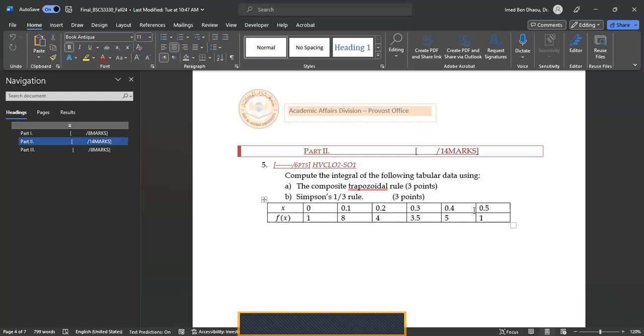Using these values in the formula, we get 0.1/2 [1 + 2(8) + 2(4) + 2(3.5) + 2(5) + 1]. So that's 0.05 [1 + 16 + 8 + 7 + 10 + 1], which is 0.05 times 43. The final result using the composite trapezoidal rule is 2.15.